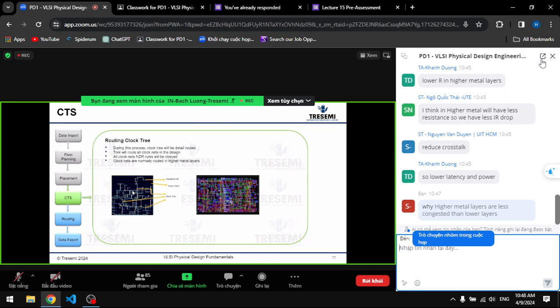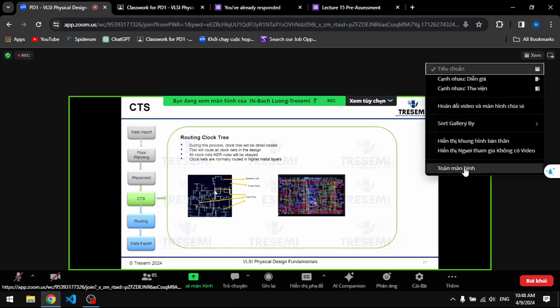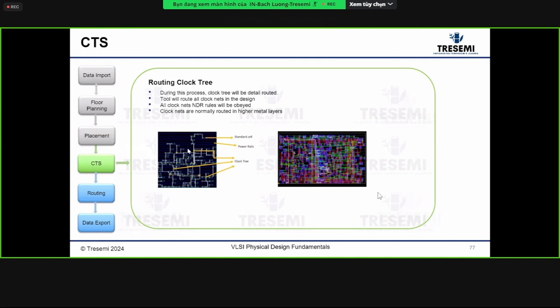Not in terms of congestion per se, because it's wide open, but more induced crosstalk. You want to avoid this because there's a lot of power and ground on the lower layers, so you'd sit right next to it on metal two. So you usually want to avoid one and two.